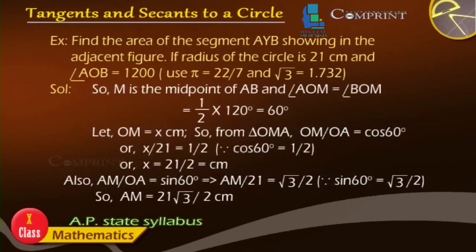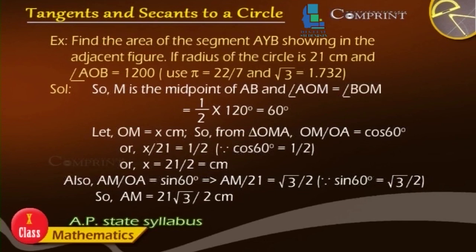So, M is the midpoint of AB and angle AOM is equal to angle BOM, which is equal to half into 120 degrees, which is 60 degrees. Let OM be x centimeters. So, from triangle OMA, OM by OA is equal to cos 60 degrees, or x by 21 is equal to half, since cos 60 degrees is half, or x is equal to 21 by 2 centimeters.